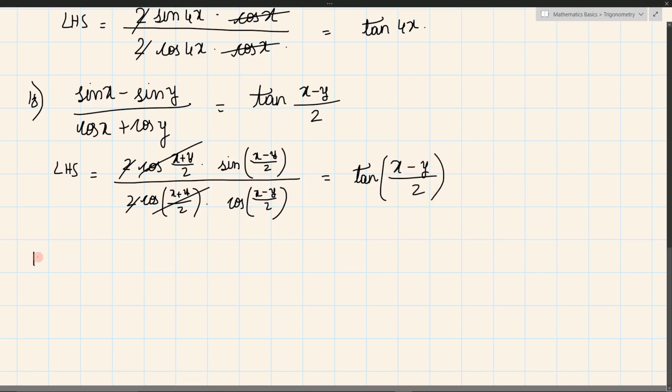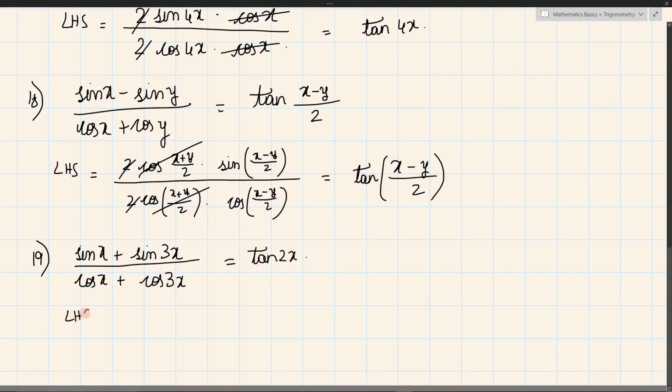So question number 19. We have (sin x plus sin 3x) whole divided by (cos x plus cos 3x) is equal to tan 2x. Again consider the LHS. Sin A plus sin B is nothing but 2 sin (A plus B) by 2, that is sin 2x, into cos of (A minus B) by 2, that is minus 2x divided by 2, that is minus x.